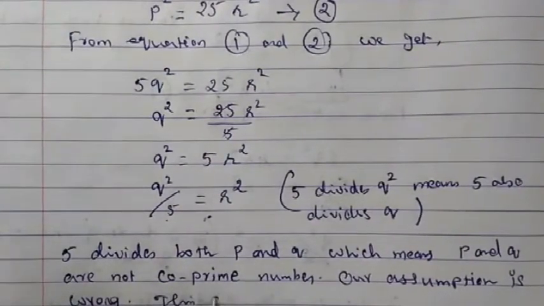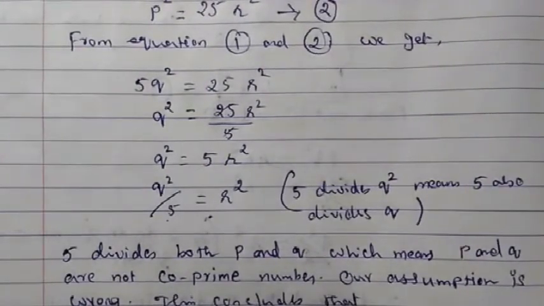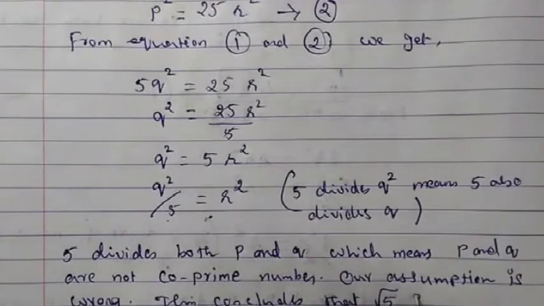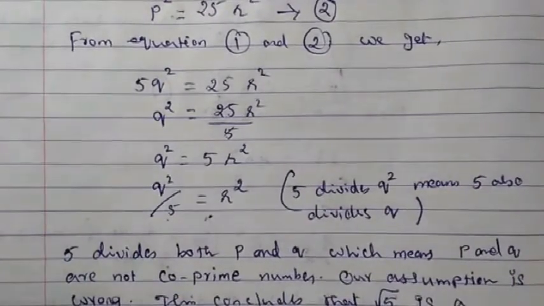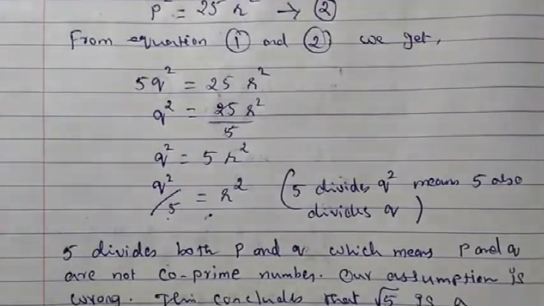This concludes that root 5 is irrational. That's it. I hope you understand this question, and these are very, very important steps you have to remember.